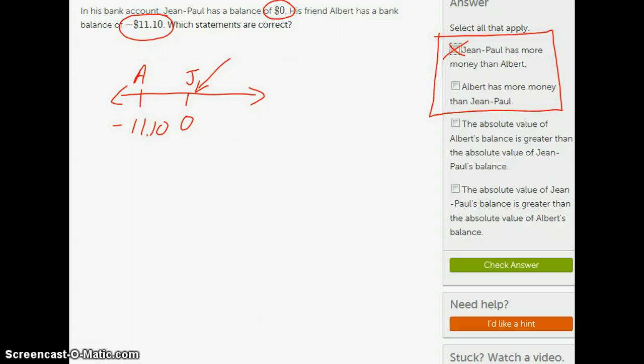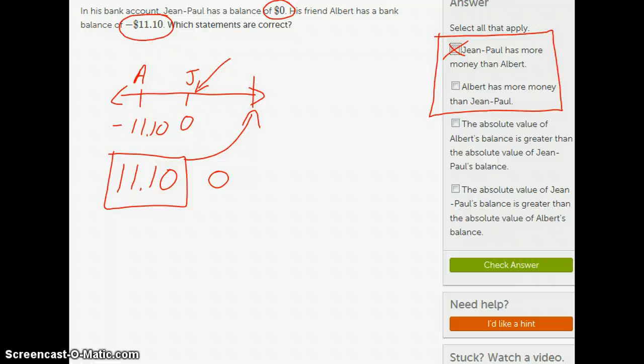The next two say the absolute value of Albert's balance is greater than the absolute value of Jean Paul's balance. Well, if I do the absolute value of both numbers, I'm going to get 11.10, that's a positive number, and I'm going to get 0. The absolute value is going to be over here because it's positive. So 11.10, and it's basically saying whose is greater.